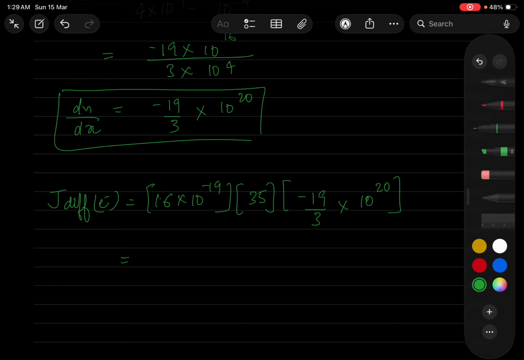Let's solve this. 1.6 into 35 into minus 19 divided by 3 into 10. So this comes out to be minus 3546.67 amperes per centimeter square.